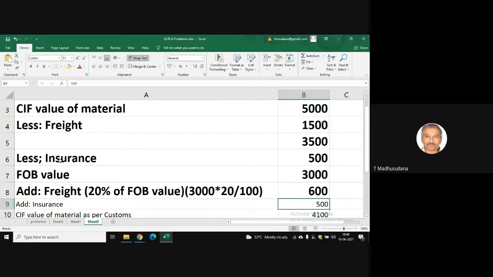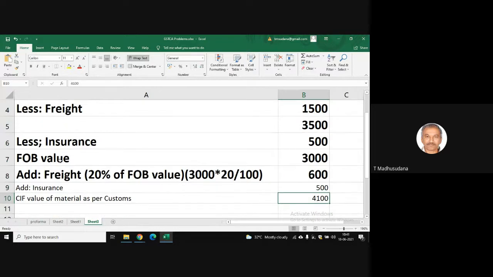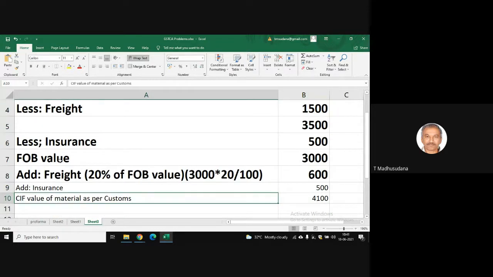But in this problem, insurance is given. Therefore, the same amount we have added, insurance 500 US dollars. So 3000 plus 600 plus 500, that is 4100. This is the CAF value of material as per customs.